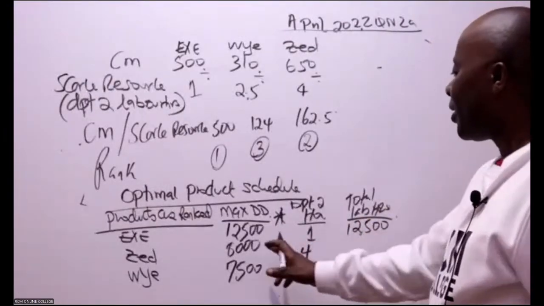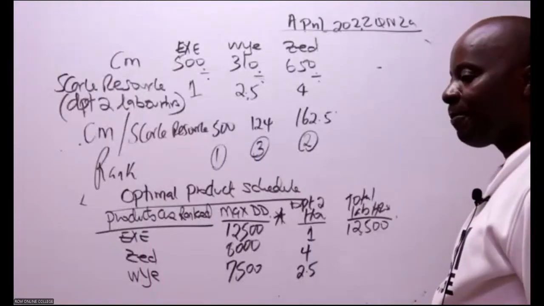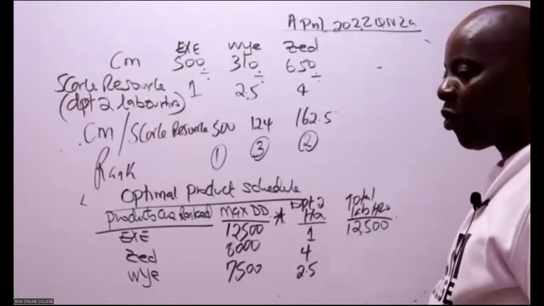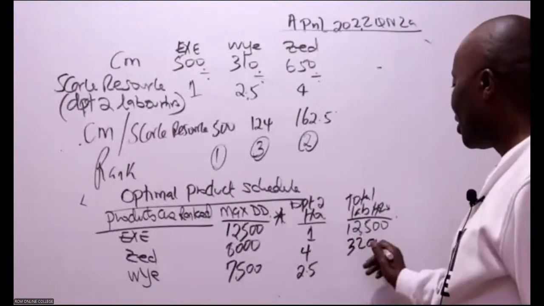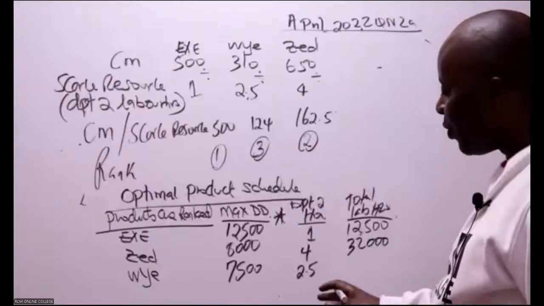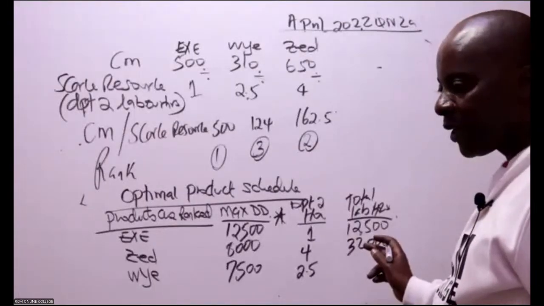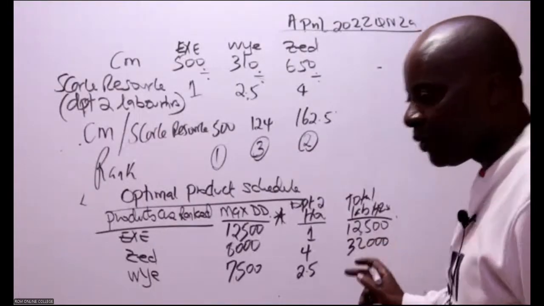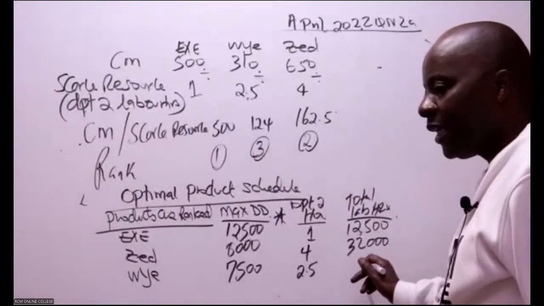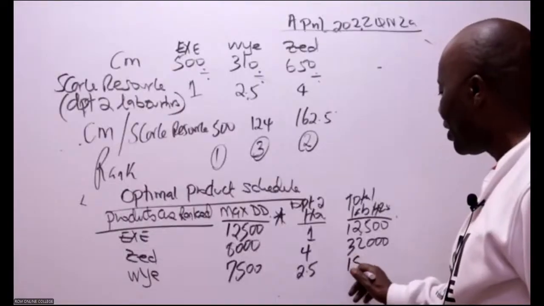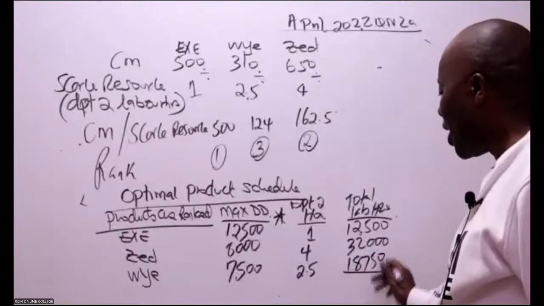The second one will be 8,000 times 4, 32K. And then the last one will be 7,500 times 2.5, which gives us 18,750.